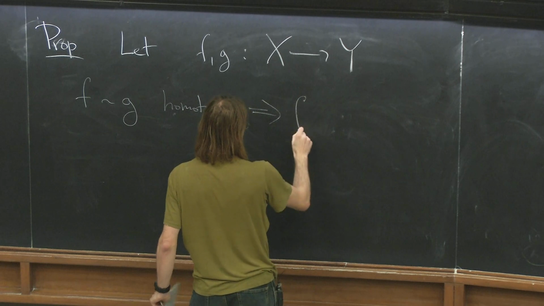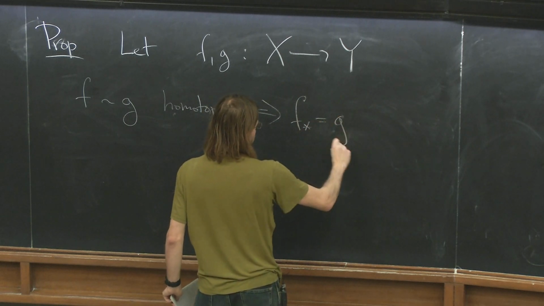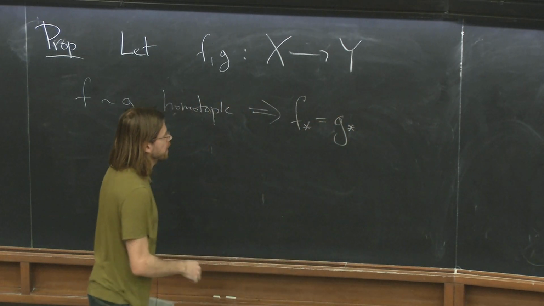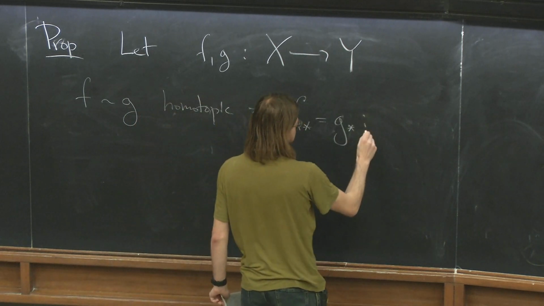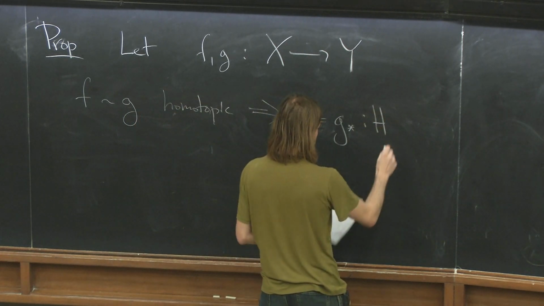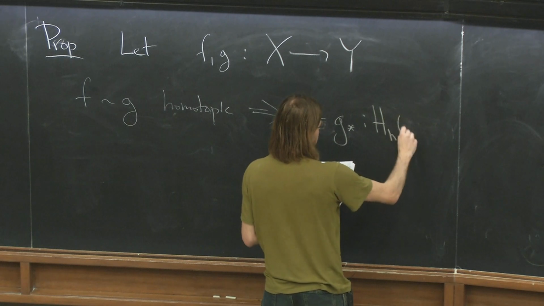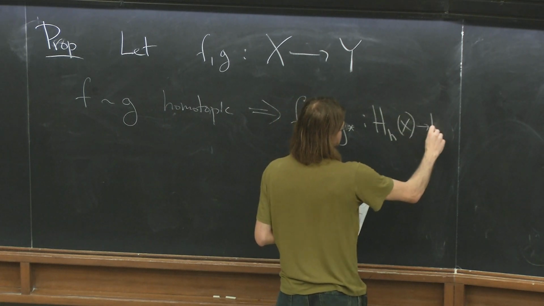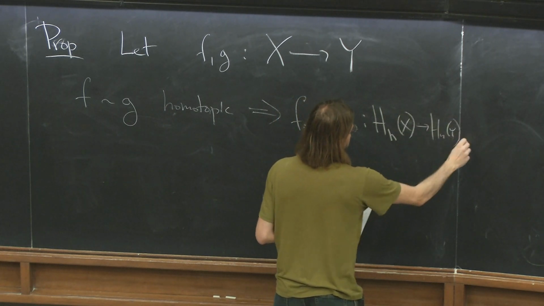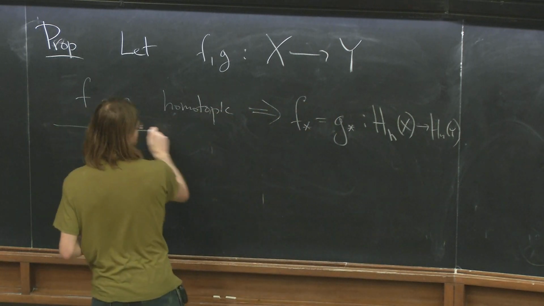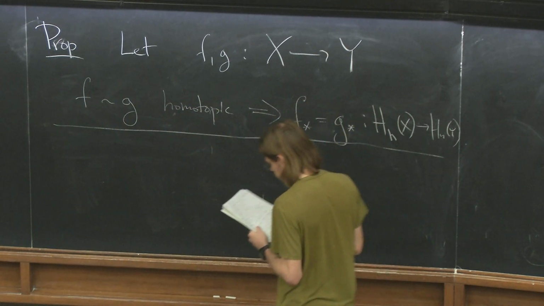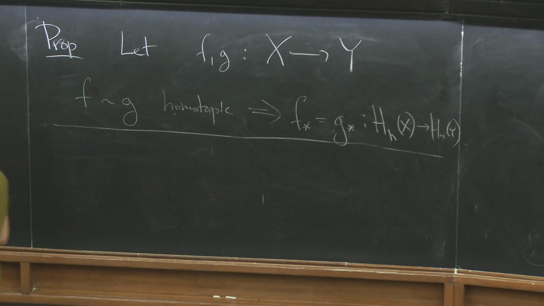This implies that the corresponding push forwards are just the same. So it's an equality between homomorphisms H_n of X to H_n of Y. Okay, so this will require some work to prove.